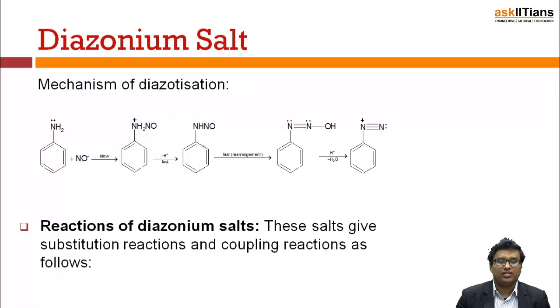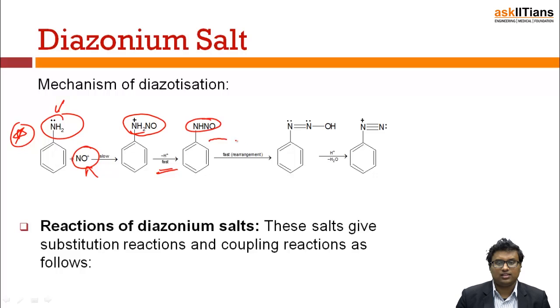So what is the mechanism of diazotization? Again important. You have NH2 and you have NO plus, which is an electrophile. It attacks this NH2, and after that you will get NH-NO. Afterwards, fast rearrangement takes place and you will be getting N=N-OH.